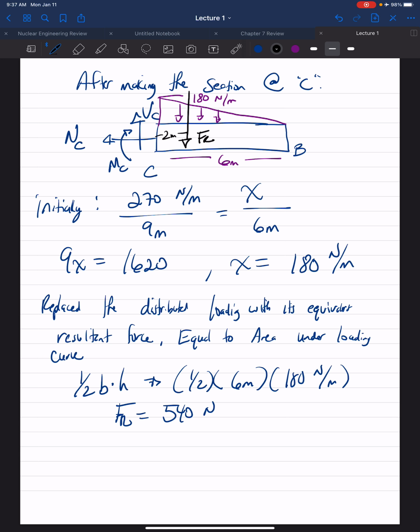So we've solved for one of the internal loadings. The shear force, V_C, is oriented in the positive y direction. So you have V_C minus the 540 newtons.